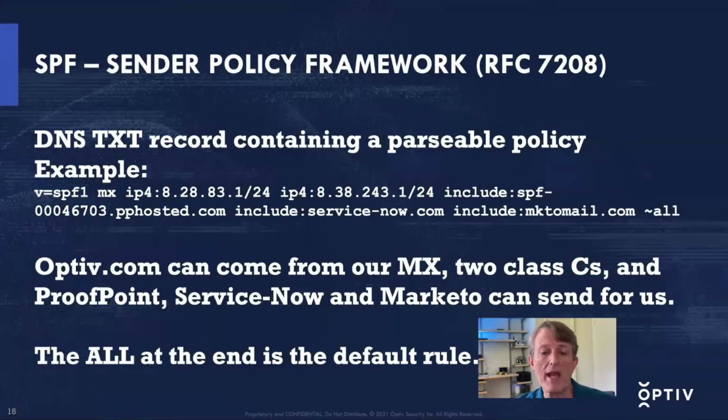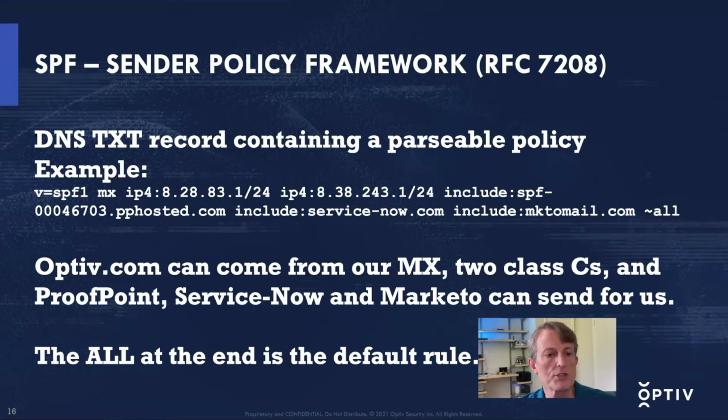Now, remember back when I was talking about MX records, part of the problem these days is who's entitled to send email for my domain. That might be the MX record, but it might be somebody else. That's where Sender Policy Framework comes into effect. And for whatever reasons, they use a text record in DNS attached to your domain.